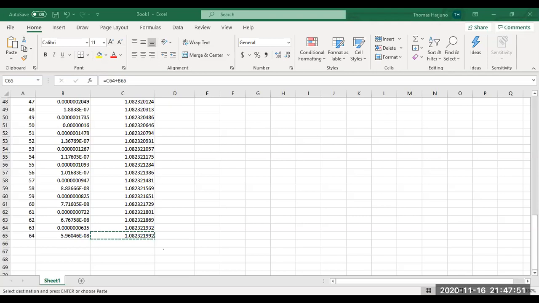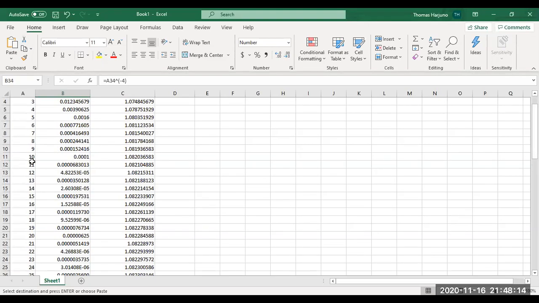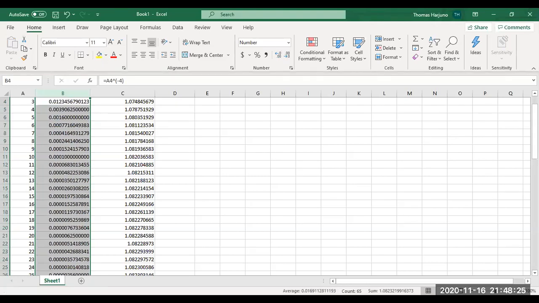Am I adding them incorrectly? Let me see. Something not right here. Oh yeah, that's right. Change this to number, and then I want it to be this one here also.